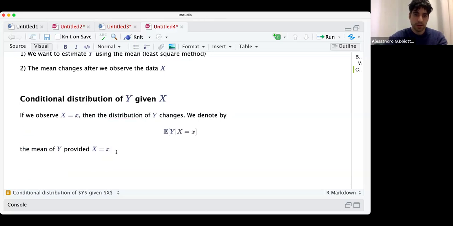So the example is what we did before, so I plot it again.